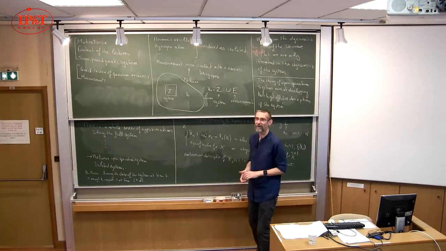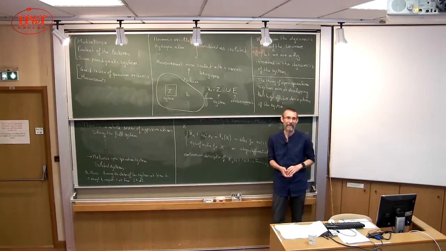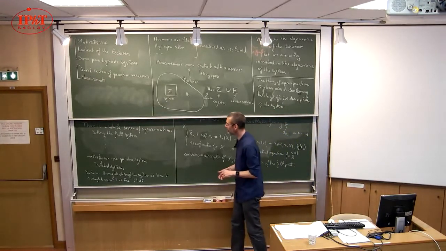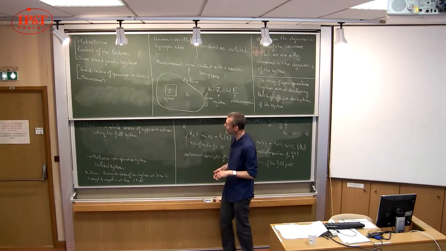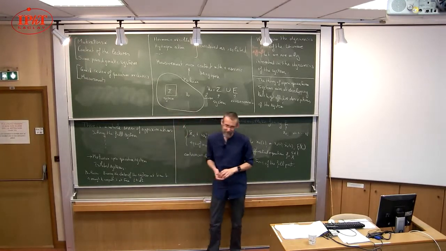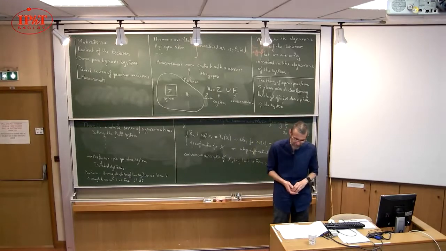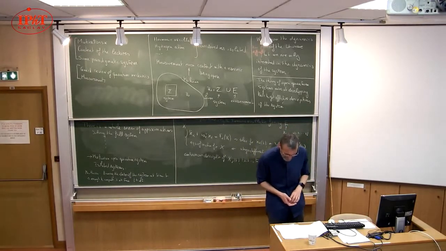So these are the kinds of hand-waving arguments you can make to justify the Markovian approximations in some cases, but I will show you that there are certain definite physical situations in which being Markovian is really better than an approximation.